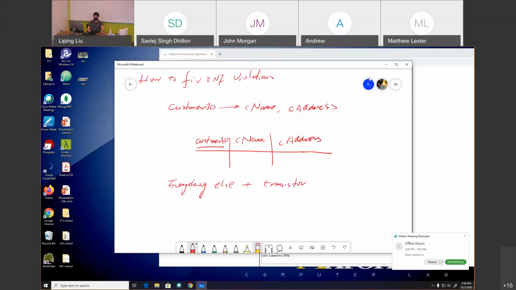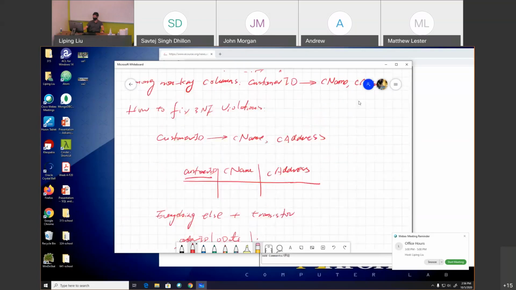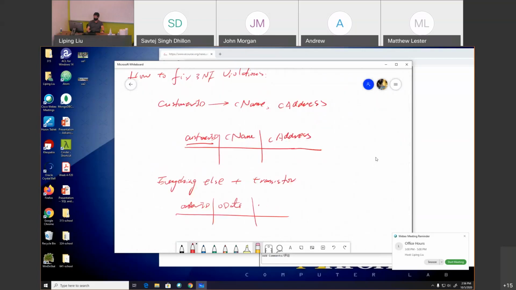So everything else was basically just order ID and then order date. Okay, and then, what was it? Order amount, I think, total amount. Yeah, order date and then order total. Order total. And then there is order ID as a primary key, the original primary key. So that's everything else.